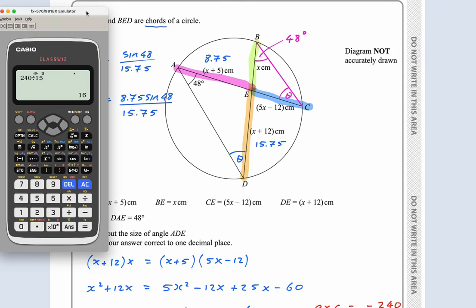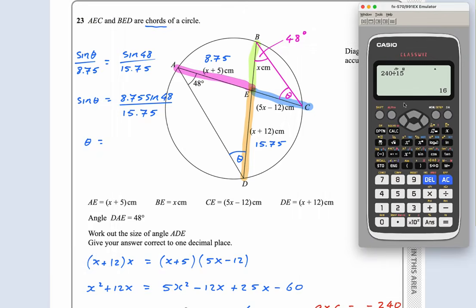So theta is inverse sine, fraction, 8.75 times sine 48, close bracket, over 15.75, close the bigger bracket, press enter, and I get something I did not want to get.